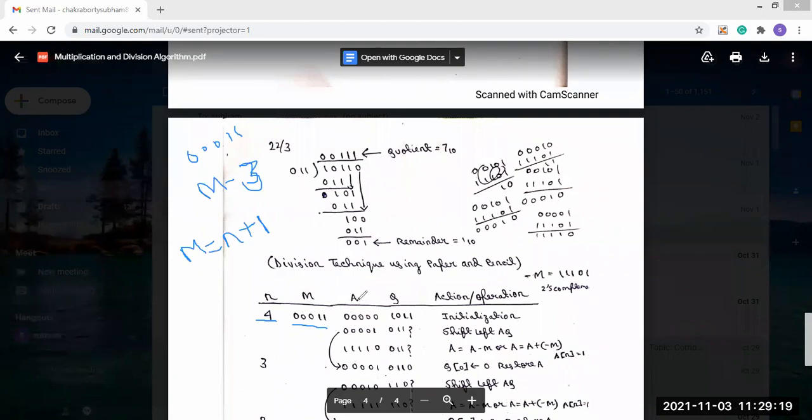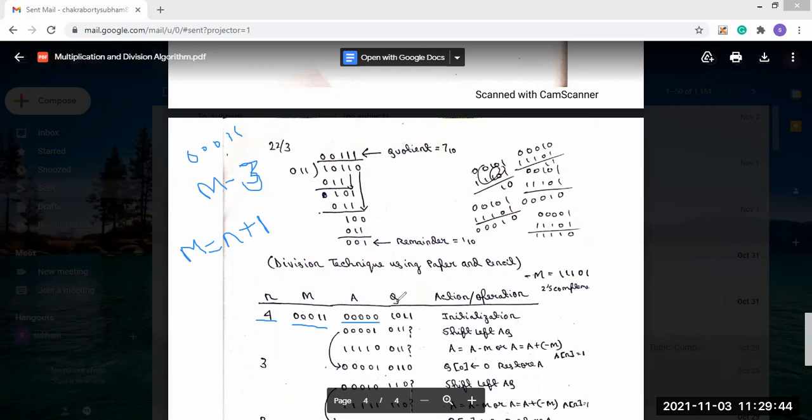Same for the accumulator, to represent it you have to use n plus 1 bits. That's why the accumulator is initialized with 0 at first, and to represent this 0, we use 5 bits.